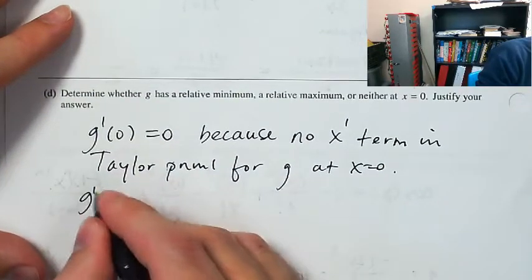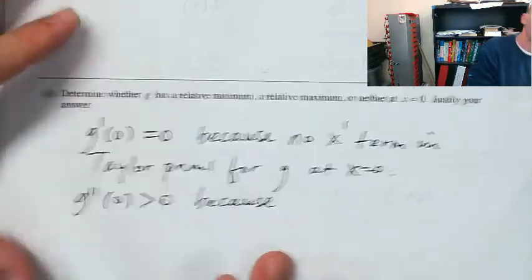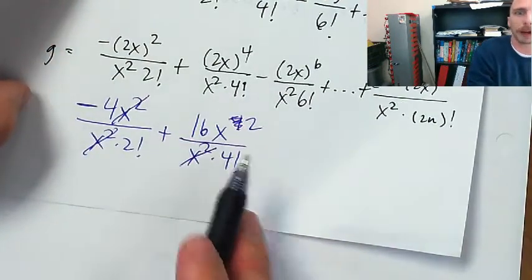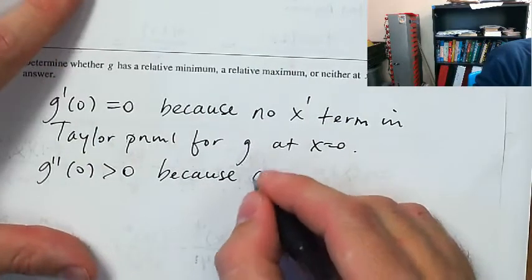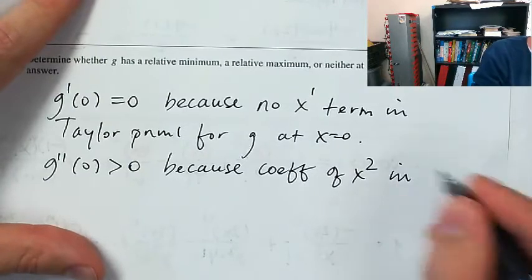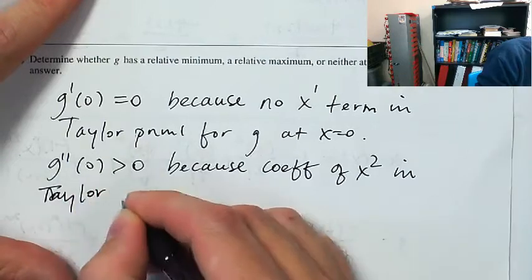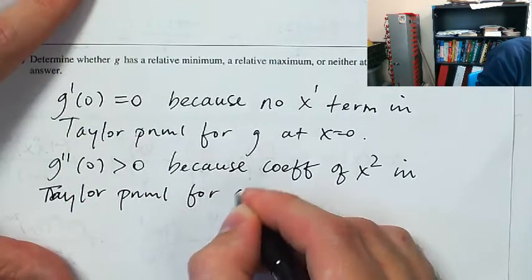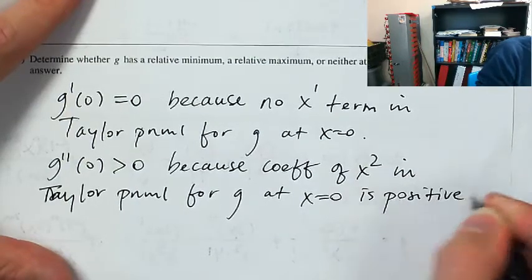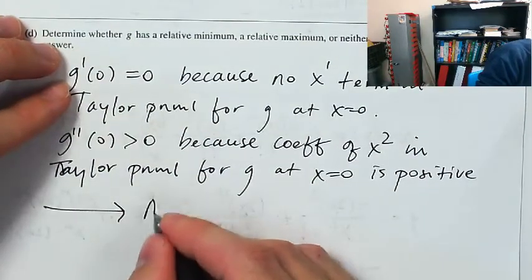Then I'm going to say g double prime of 0 is greater than 0 because, look over here, the coefficient of x to the 2 in the Maclaurin series for g is positive. Okay, since g prime is 0 and g double prime is positive, I conclude there is a relative minimum.